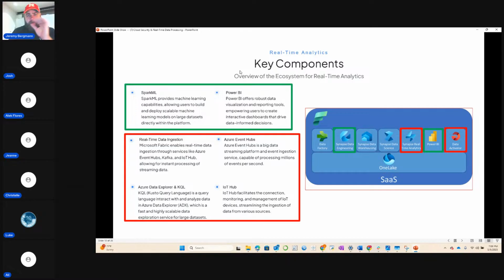So I put these other ones in green because they're kind of like complements to these red, the real-time streaming data. So Spark, we learned about Spark and Spark notebooks. We use that in Databricks, and then we use it in Synapse Analytics.